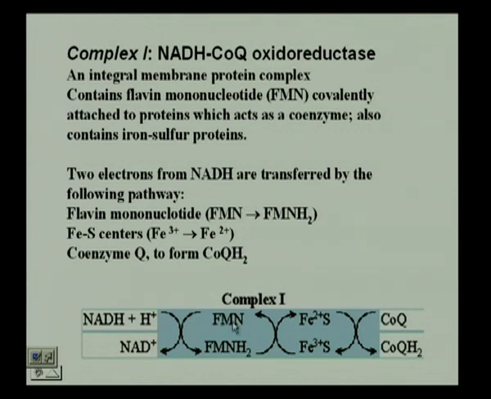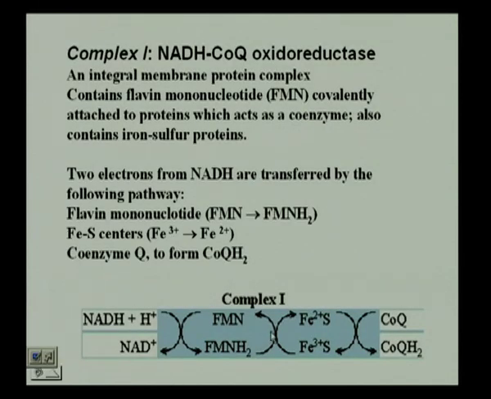FMN takes that up. Now, in the process of taking up the hydrogens, Fe3 plus has to go to Fe2 plus, because the H plus is going to be associated with an electron also. If you are going to have H2, what is H2? 2H plus 2 electrons, right.